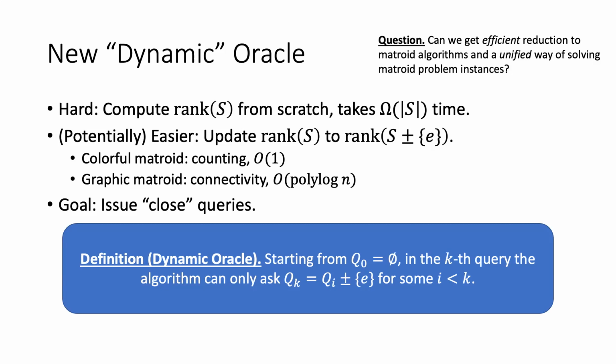And now in the case query, we restrict our algorithm to only ask set Qk, which comes from a previous set Qi, and we're allowed to add or remove one element to it. We call this single insertion or deletion a dynamic query. So now instead of minimizing the number of rank queries or independence queries, we want to minimize the number of dynamic rank queries or dynamic independence queries that an algorithm needs to solve matrix intersection or matrix union.